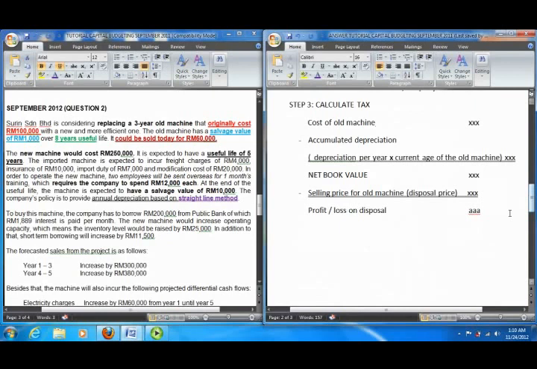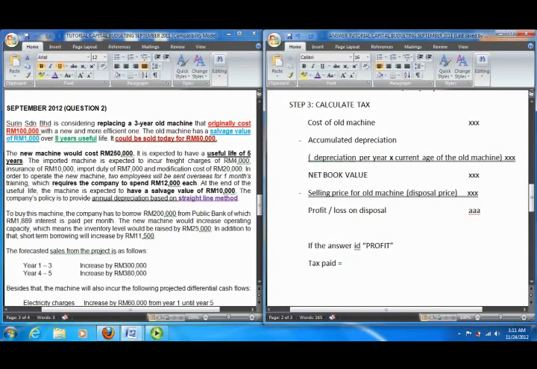Alright class, after you calculate your profit or loss on disposal, if the answer is profit, we consider it as tax paid.